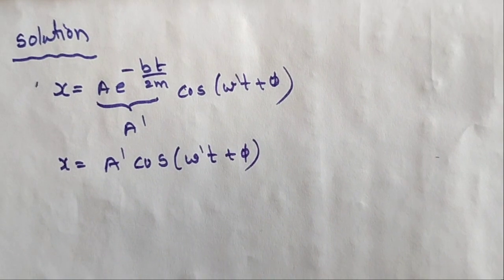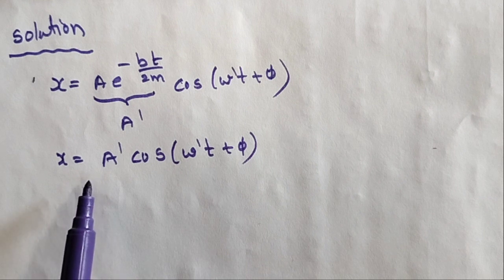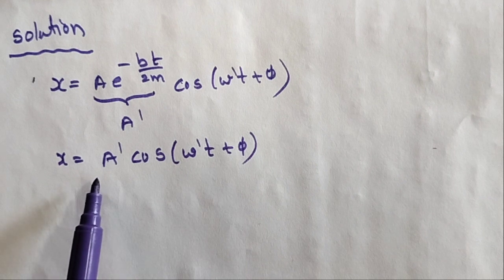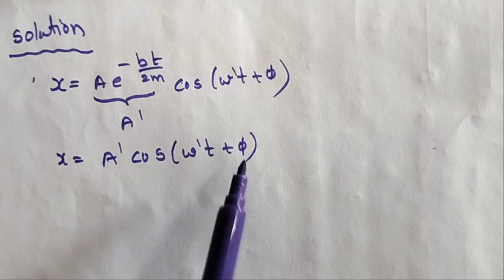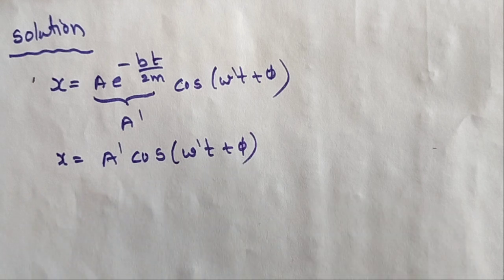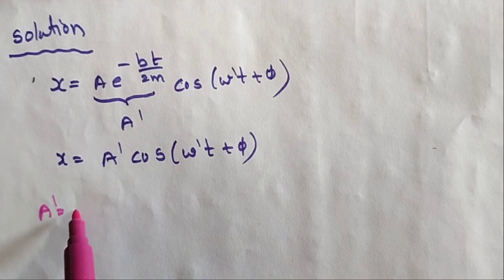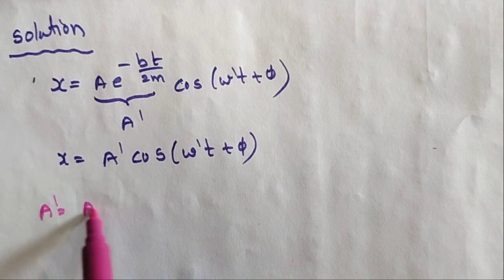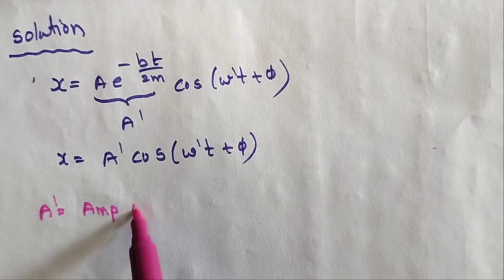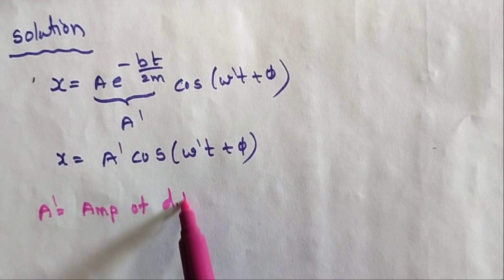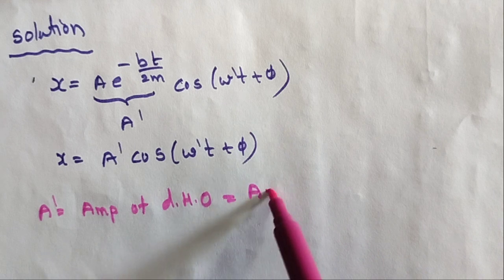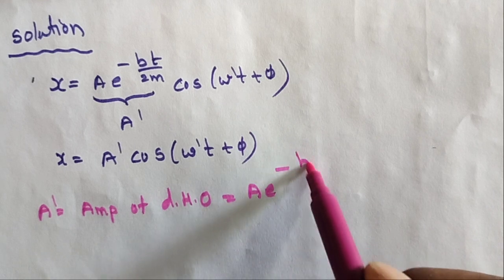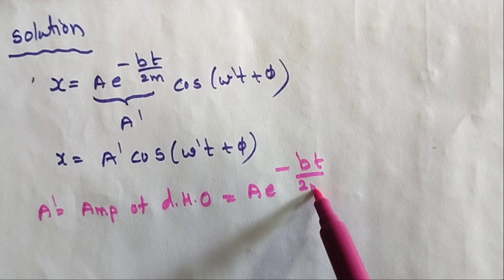So this is the solution of the damped harmonic oscillator: x is equal to a dash cos omega dash t plus phi, where a dash is the amplitude of the damped harmonic oscillator, that is a into e power minus bt by 2m.